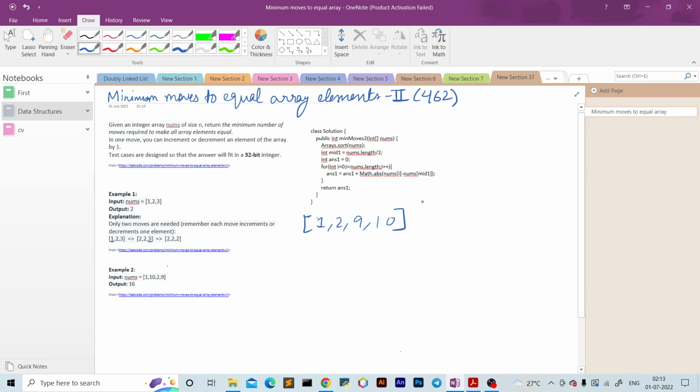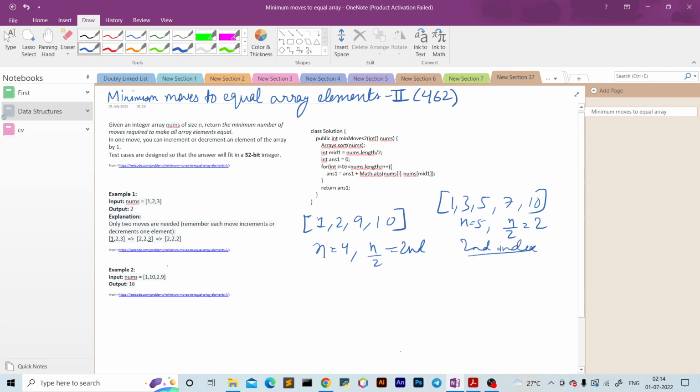For the median, if we have odd elements, we know the median is the middle one. For even elements, we can check at the index n by 2. Here n is 4, so we check the n by 2th index, which is the second index, and for this case n is 5, so n by 2 would again be 2, so we check the second index here also.